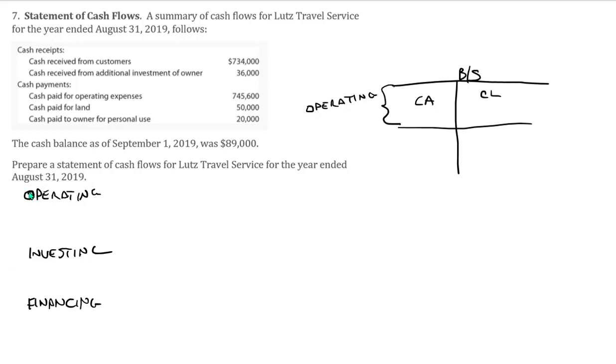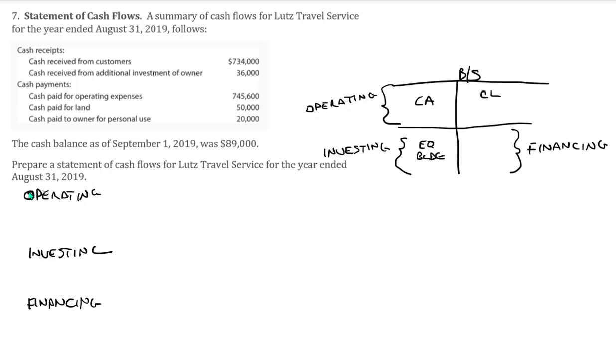Transactions that affect our long-term assets like land, buildings, equipment, or some long-term investments, these are investing activities. And ones that affect long-term debt and equity, these are financing.